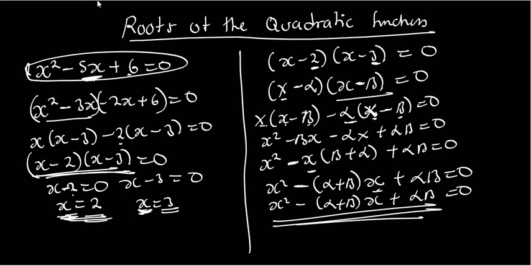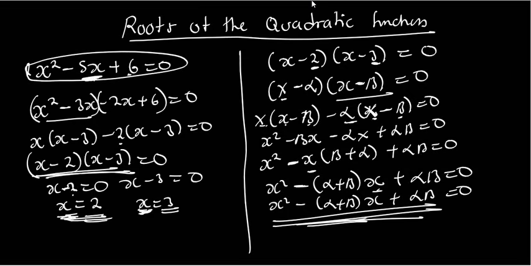Now, when you have this equation, this part here, right? That is x squared minus alpha plus beta, then x, plus alpha beta equal to 0.